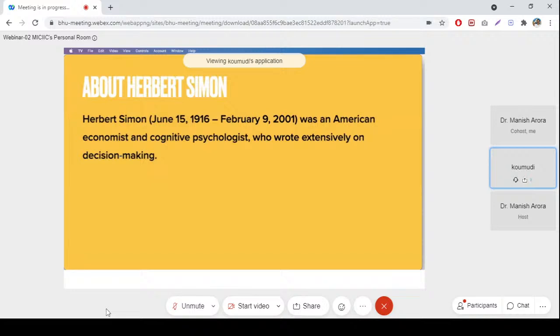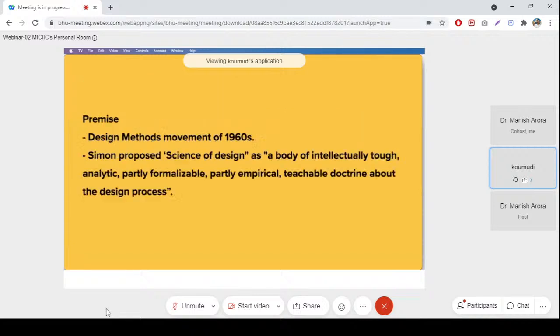Though his book covers several aspects of decision-making, including simulations, I will be concentrating on his views related to design alone. During the 1950s and 60s, several scholars attempted to establish design as a science, rather than as an art or craft, which requires as much rigor as any other empirical science.